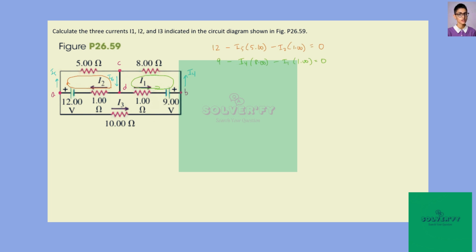And now we need a third loop that includes current I3 because we haven't done that yet.